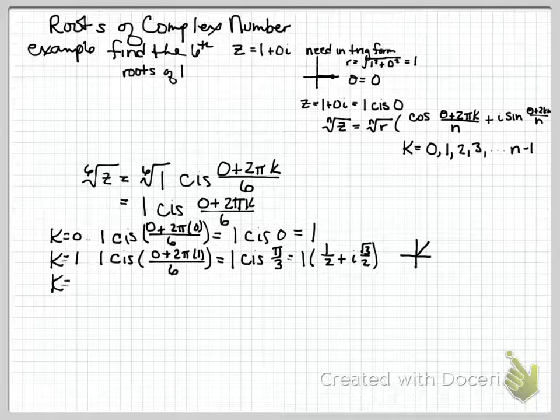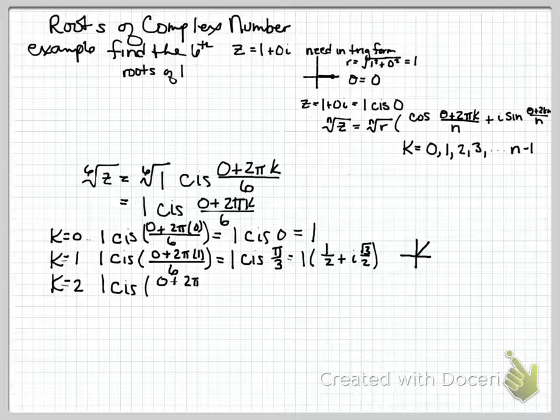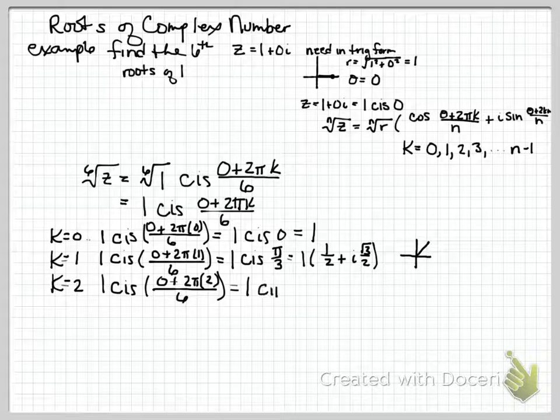Now let's do when k equals 2. We're just going to keep doing this all the way down until we get to 5. So 1 cis of 0 plus 2 pi times 2 over 6 equals 1 cis of 2 pi over 3. Let's simplify that.